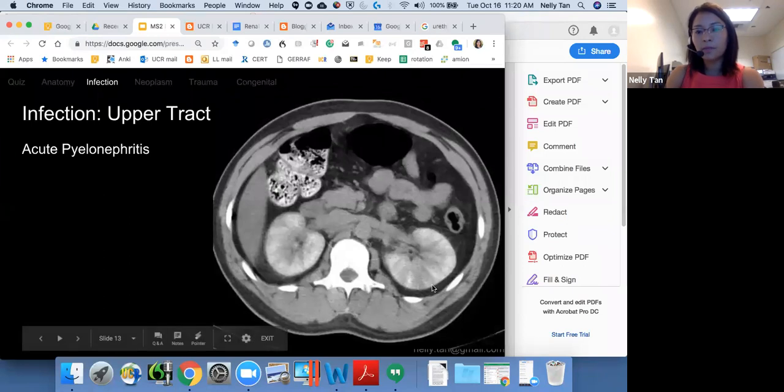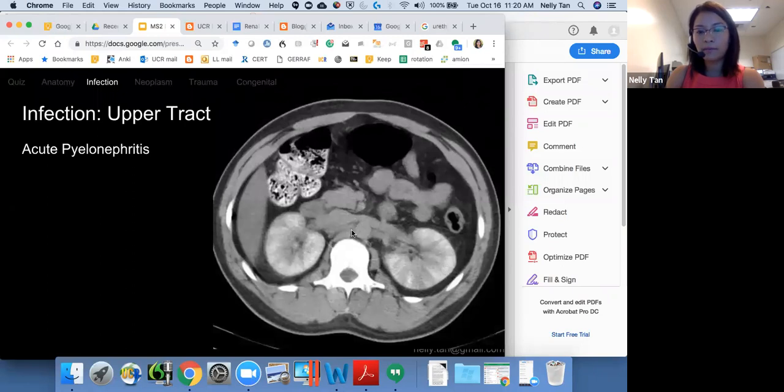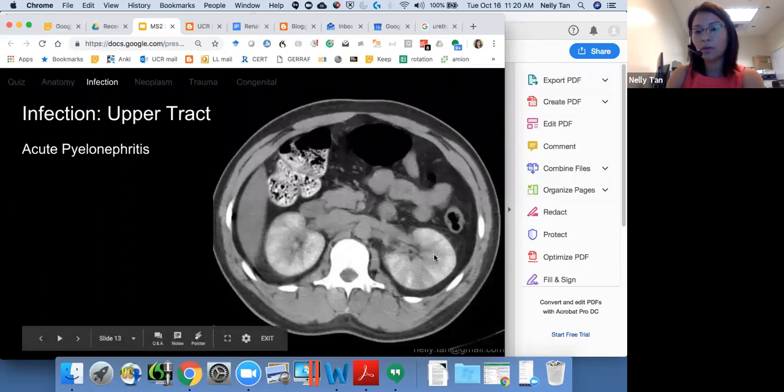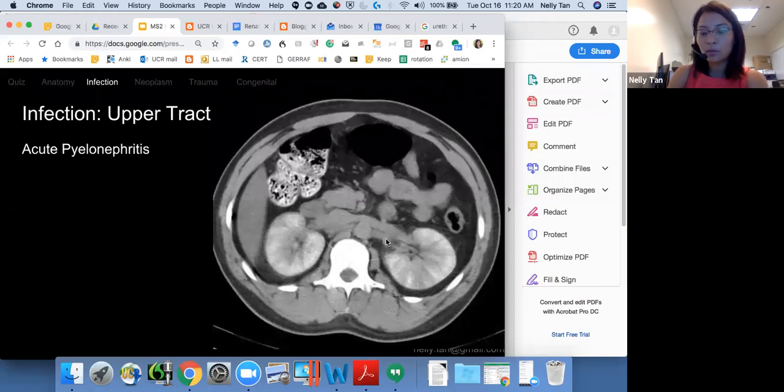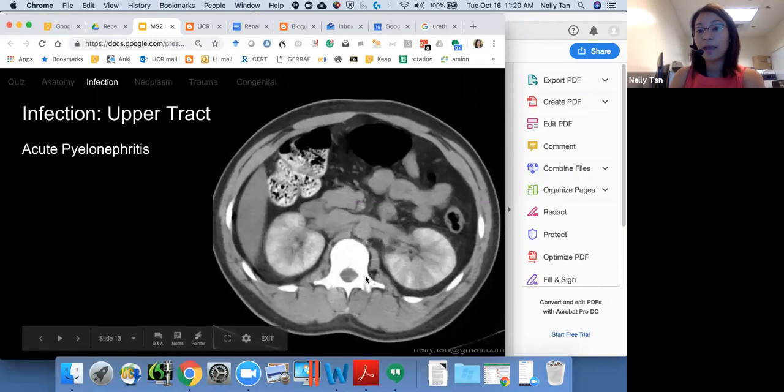So the kidneys are bright here, so we know that it has contrast. And remember earlier we saw the aorta, it was bright, but now the aorta is not very bright, the kidney is bright. So we know that this is not the arterial phase, this is a venous phase because it's already in the renal parenchyma. And then it'll get excreted into the renal pelvis and then down the ureter into the bladder, in which case it now becomes an excretory phase, which is 8 minutes. This is the nephrographic phase, which is about 3-4 minutes.